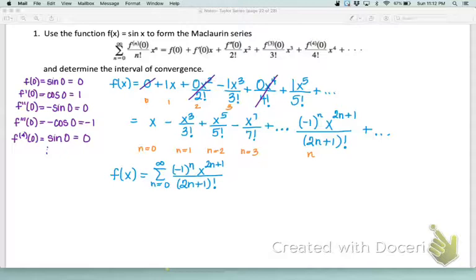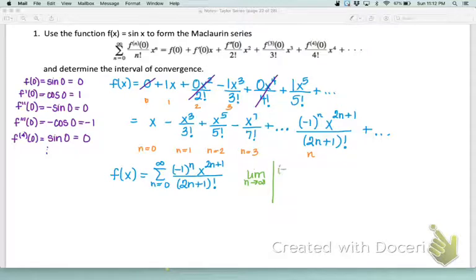Now, it wanted us to find the interval of convergence, and to do that, we need to use the ratio test. So we want to look at the limit as n approaches infinity of the absolute value of the n plus 1th term.